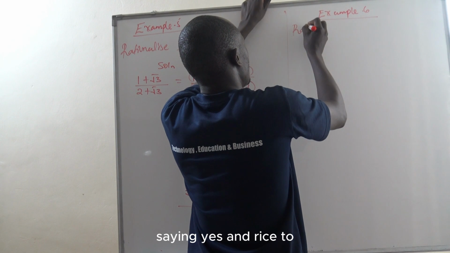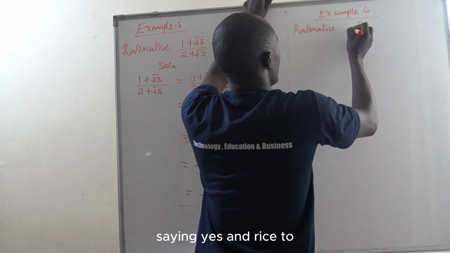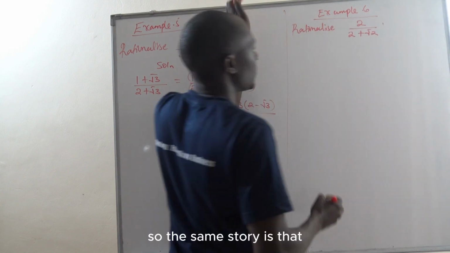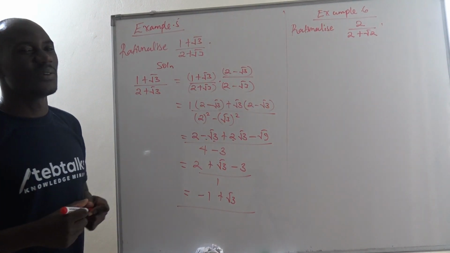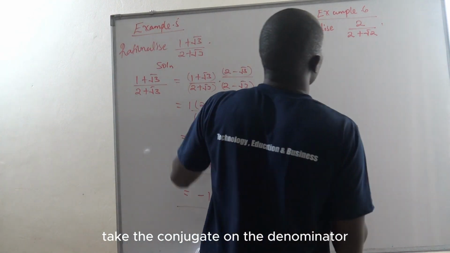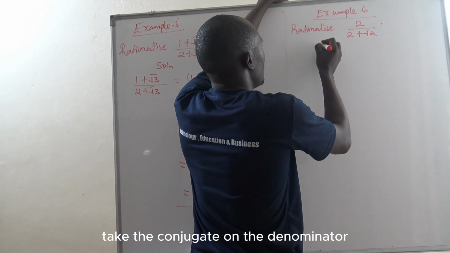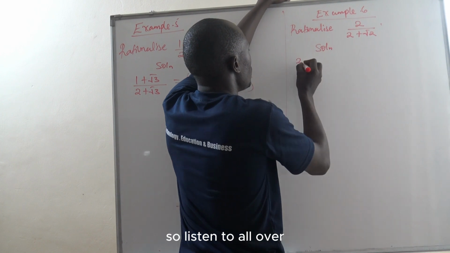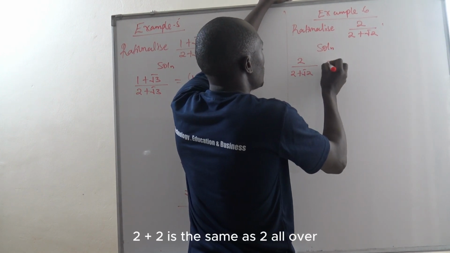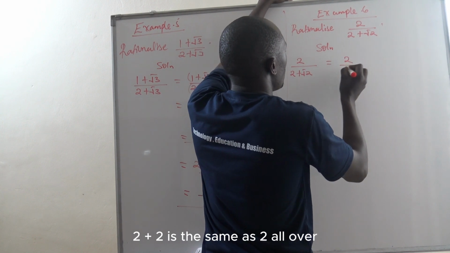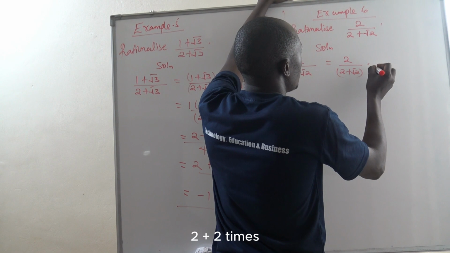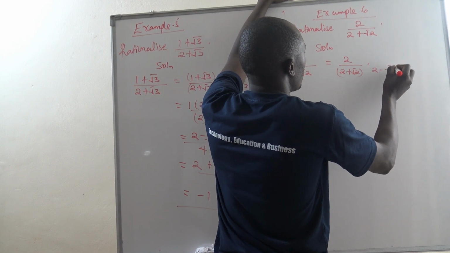Rationalize 2 all over 2 plus root 2. So the same story, we are going to take the conjugate on the denominator. Solution: 2 all over 2 plus root 2 is the same as 2 all over 2 plus root 2 times 2 minus root 2.